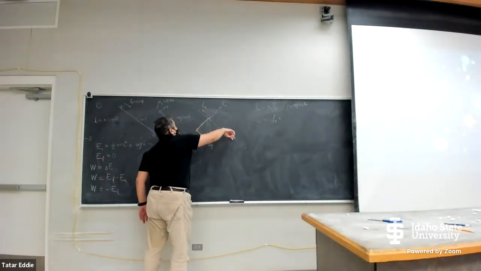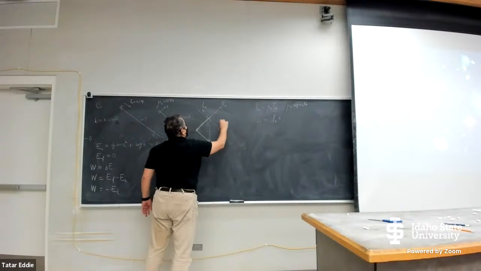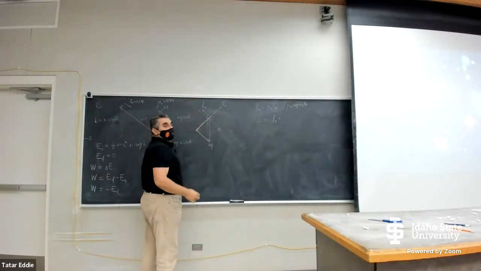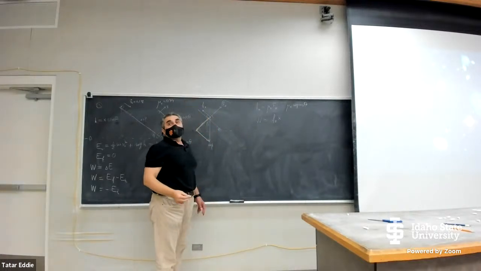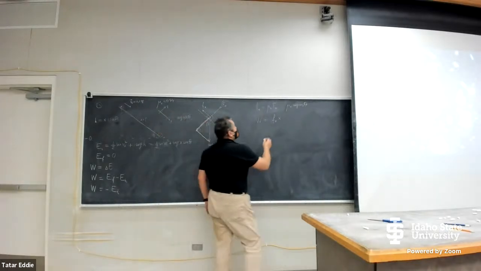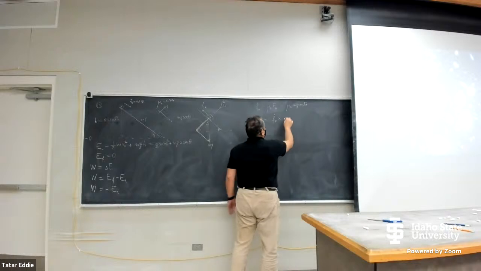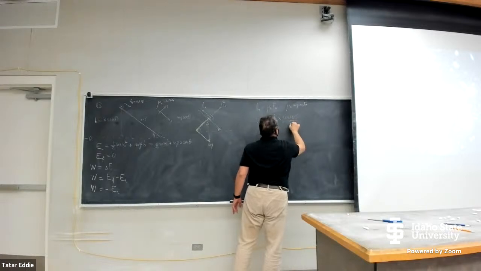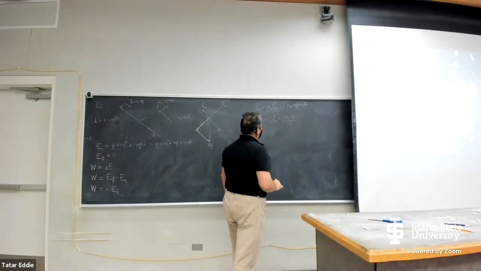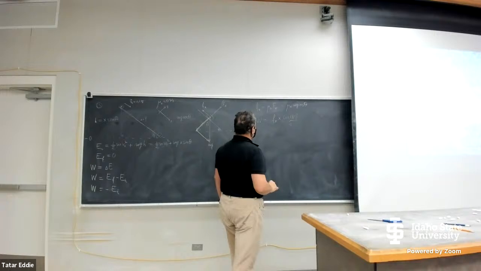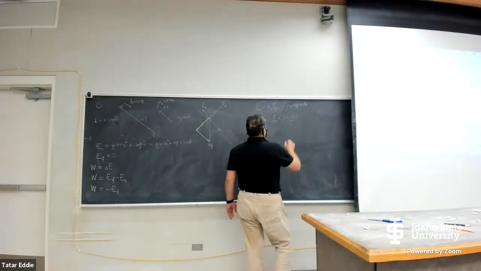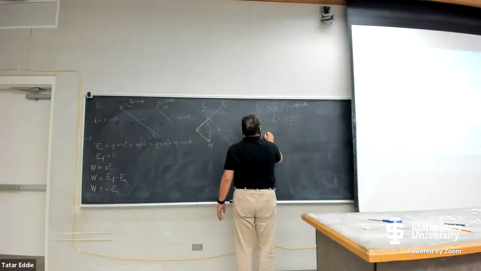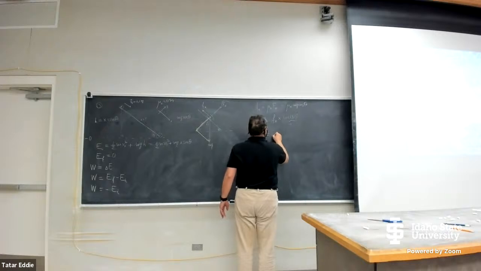Displacement is down this way, friction force is in exactly the opposite direction. The angle between them is 180 degrees, so you have cosine of 180, which is exactly -1. This means that the work done by the friction force is going to be negative.